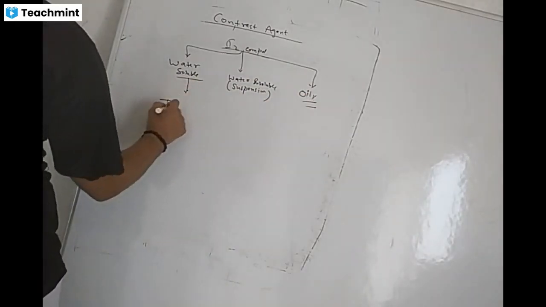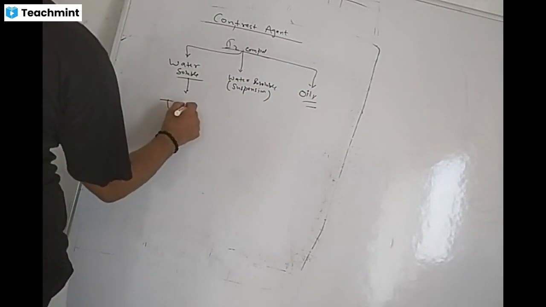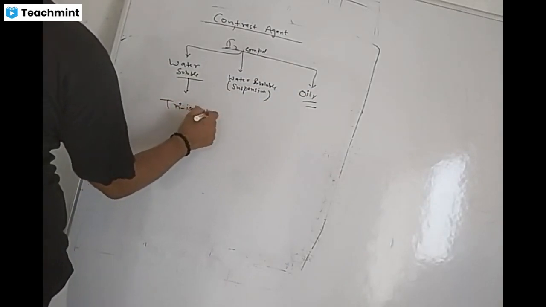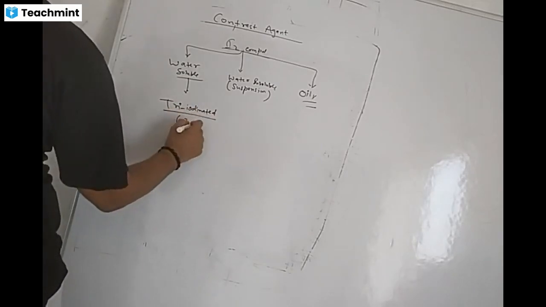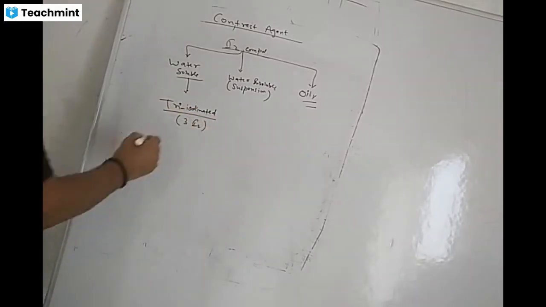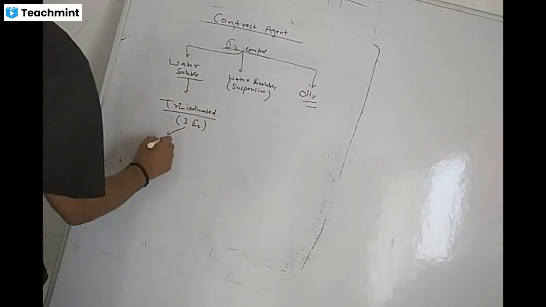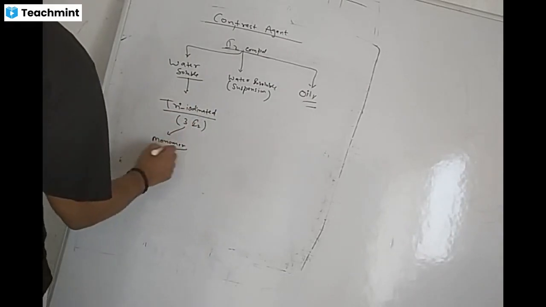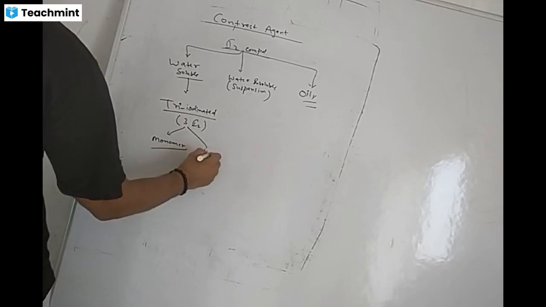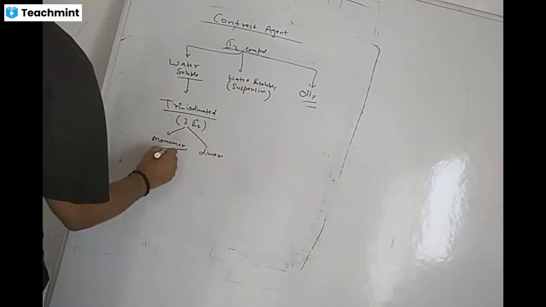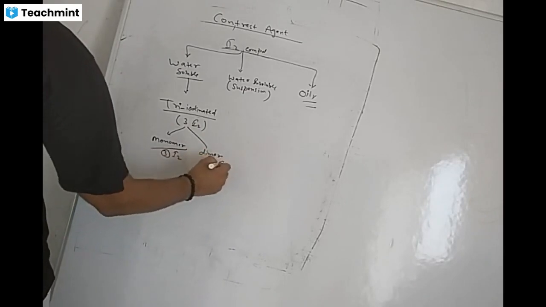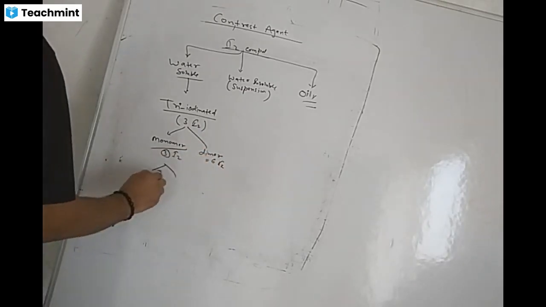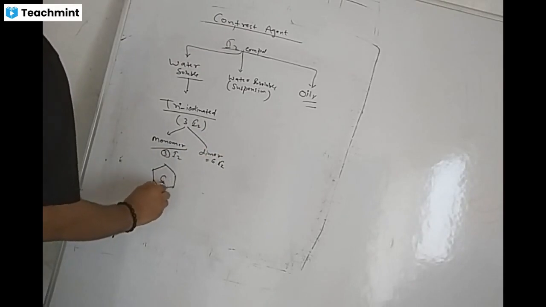These are tri-iodinated. Tri-iodinated means they have three iodine atoms. They may be monomer and they may be dimer. Monomer means 3 iodine, dimer means 6 iodine. This is the benzene ring.